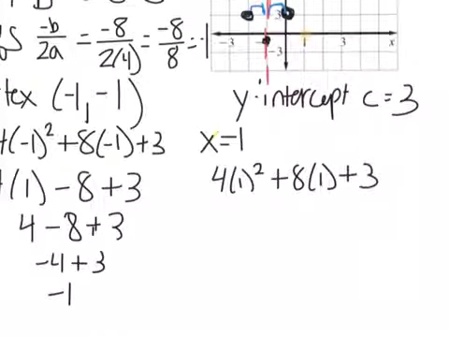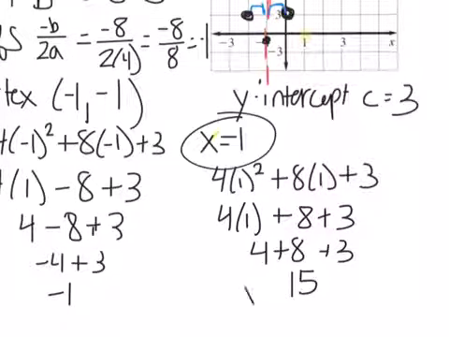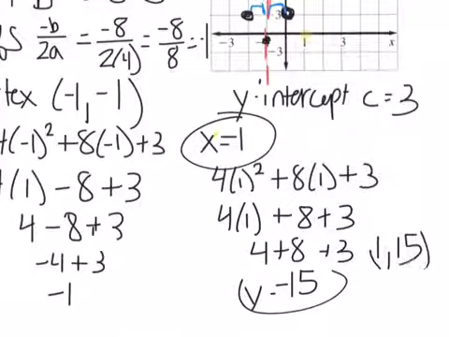And when I evaluate that, it gives me 4 times 1, because 1 times 1, plus 8 plus 3, which is 4 plus 8 plus 3, which gets you 15. So I have that ordered pair, x, and this is really my y, of 1, 15.